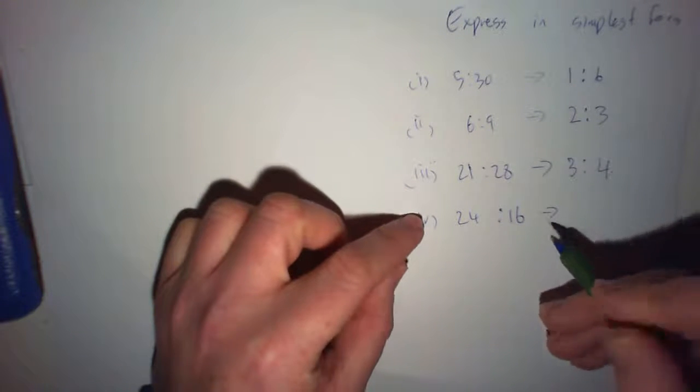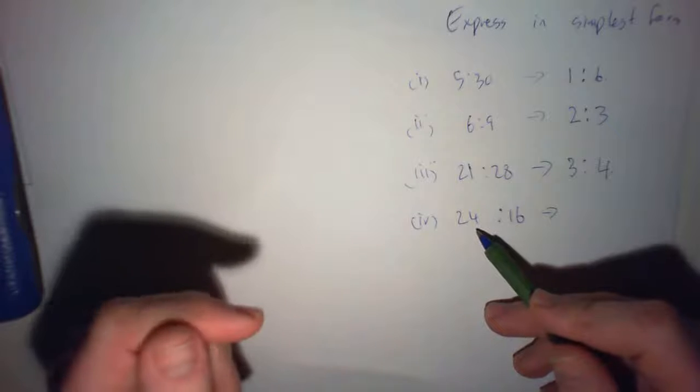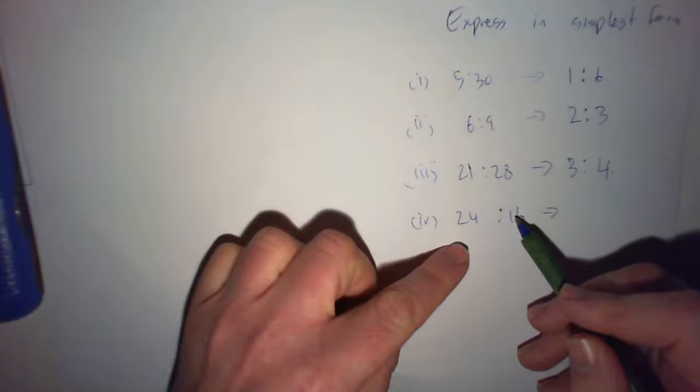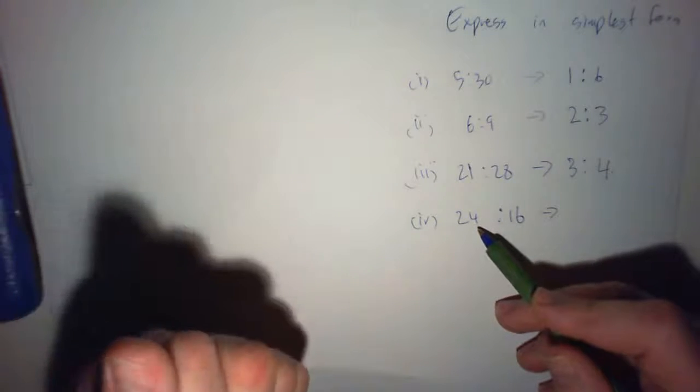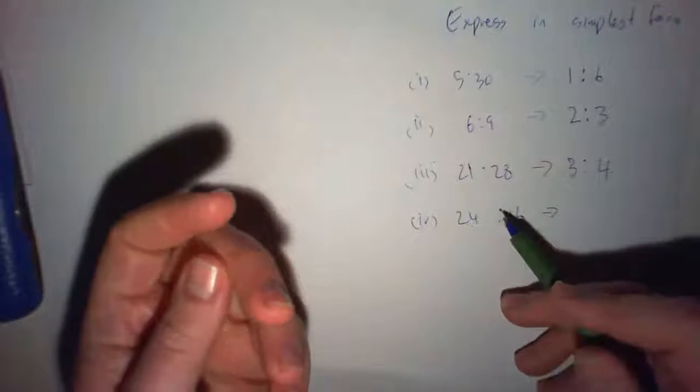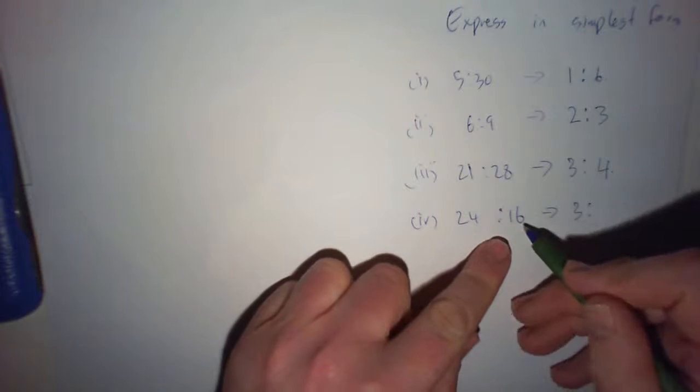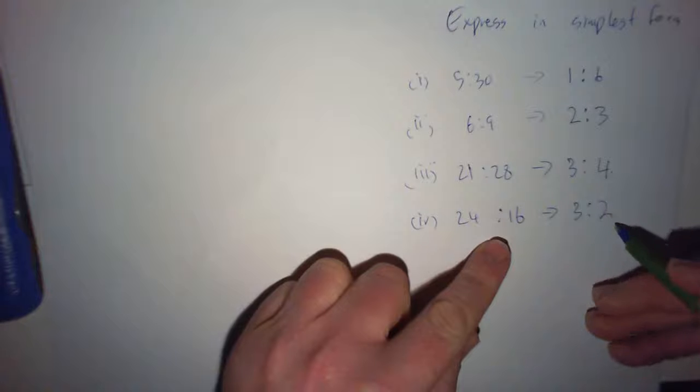And finally, this one. Okay, 1 does, 2 does, 3, no, 4 does. 5, no, 6, no, 7, no, 8 does. So 8 into 24 goes 3 times, 8 into 16 goes twice.